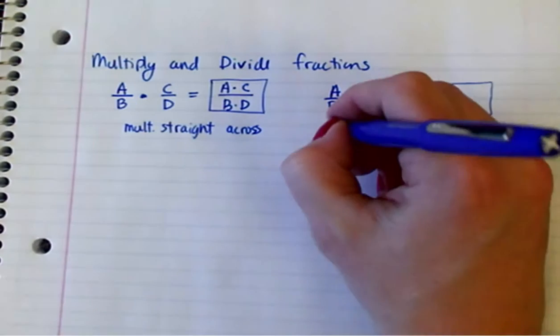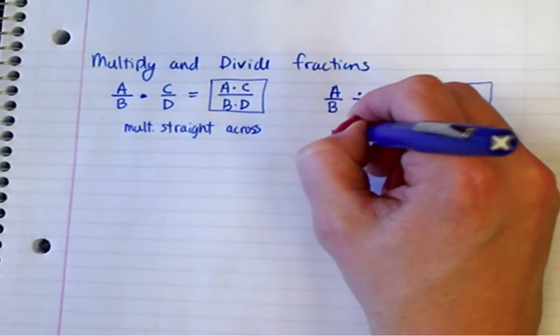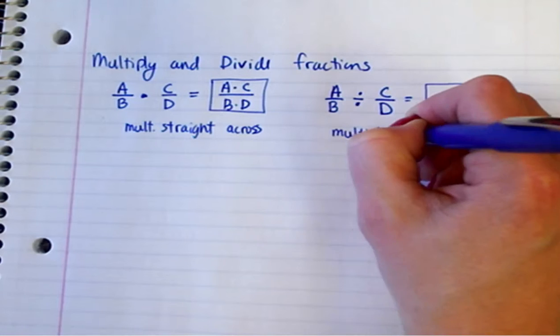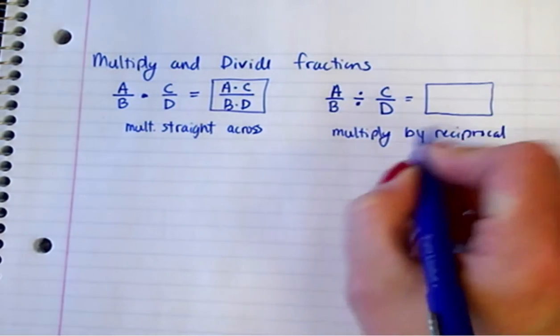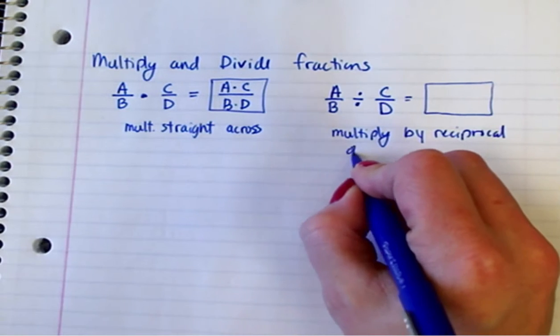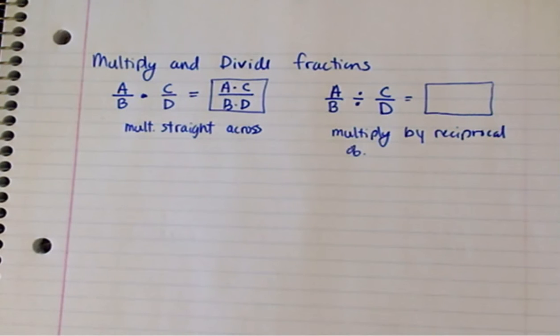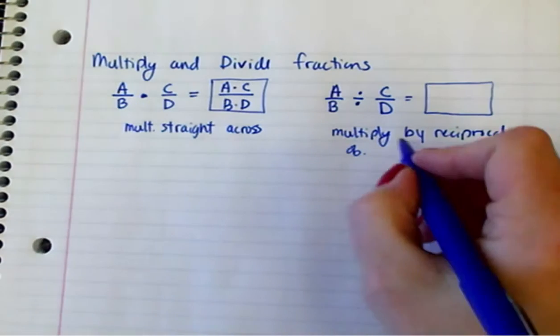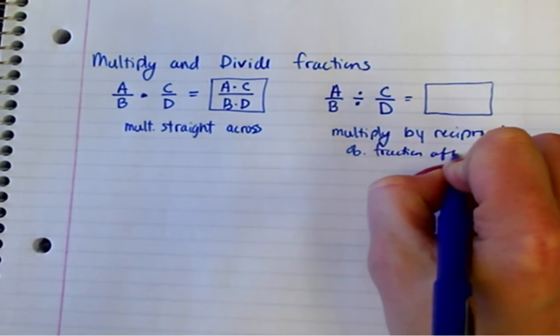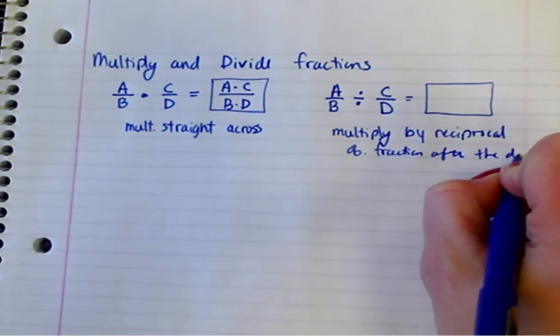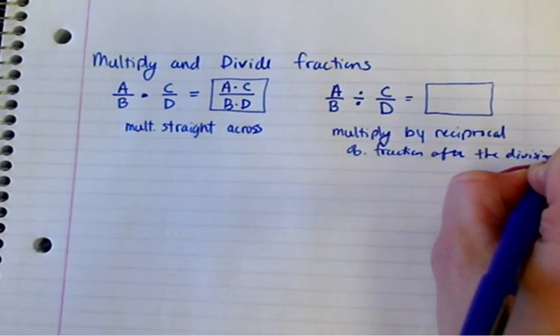Okay, multiply by reciprocal, yes. By reciprocal. I'd like to be more specific. Reciprocal of what? Yeah, C over D, the one that comes after the division. Multiply by the reciprocal of the fraction after the division, not the one before.